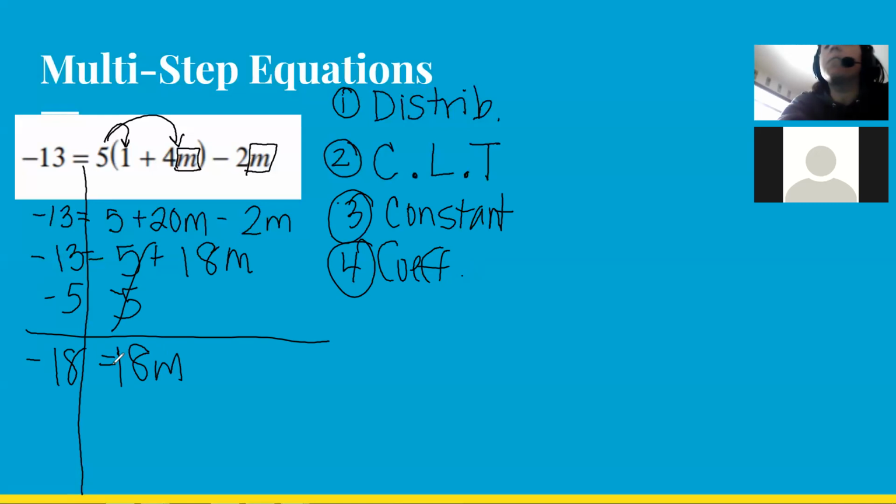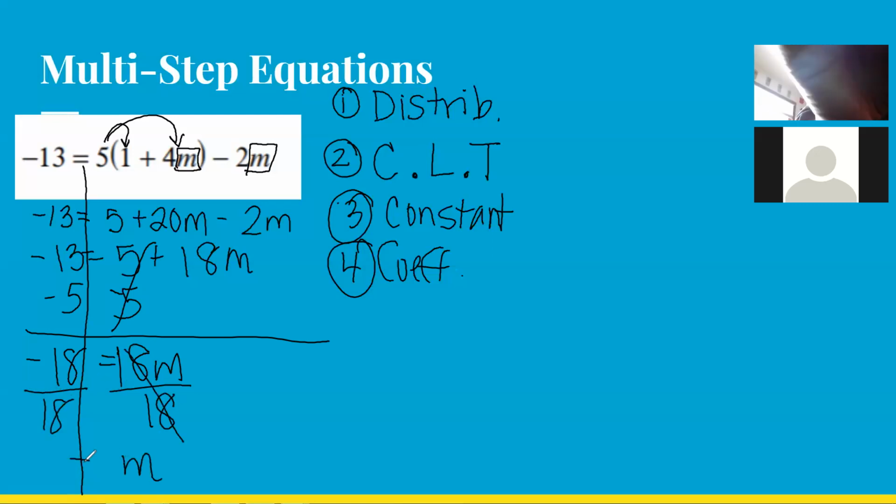And now we got to get rid of the coefficient. How do we do that? How do we get rid of the coefficient there? Yeah, we're going to divide by 18 on both sides. So our final answer, we're going to get m is equal to what number? Negative 1.